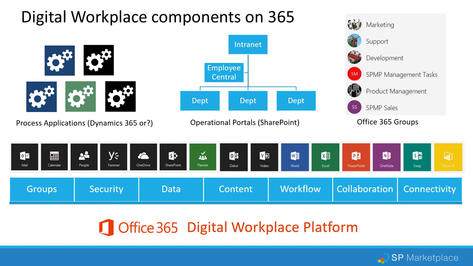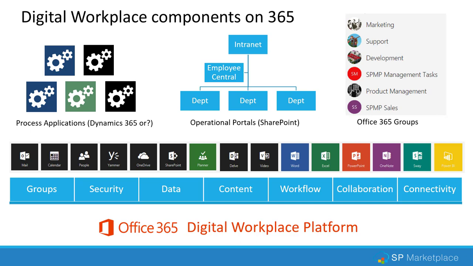And what you'll find is that you can drive adoption of Office 365 by implementing a digital workplace or an operational portal structure. And so start to put all these tools and services into the context of your organization.